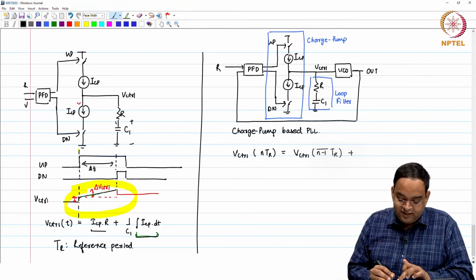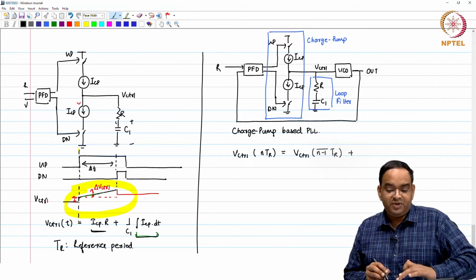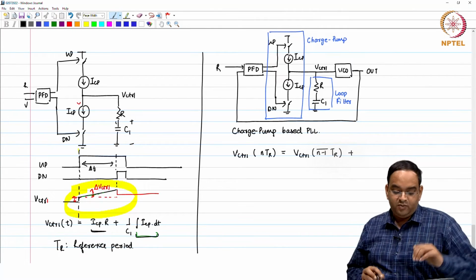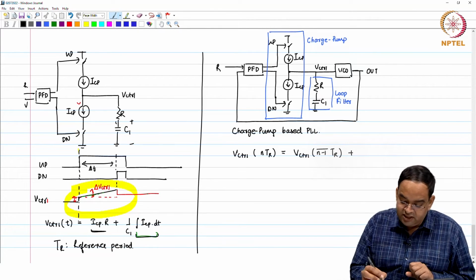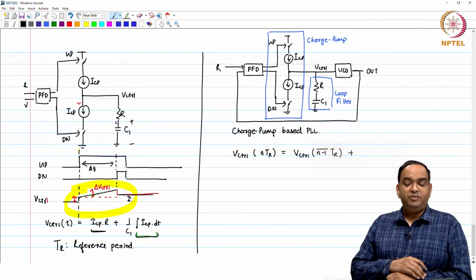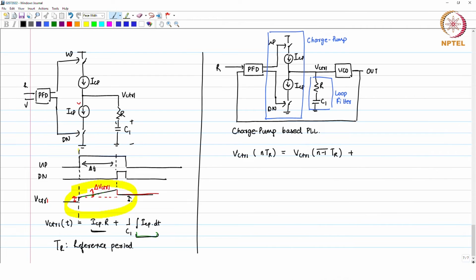Okay. This ICP you are seeing during the transition, but at the end, the voltage change is only due to the capacitor. So, the control voltage V control at nTR is V control at (n minus 1)TR plus ICP integrated for time delta t over capacitor C1.